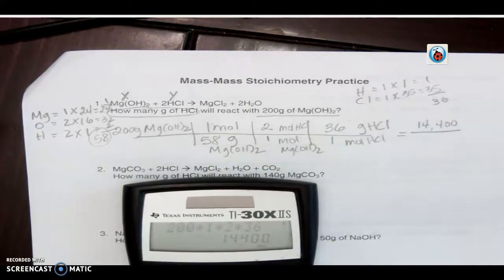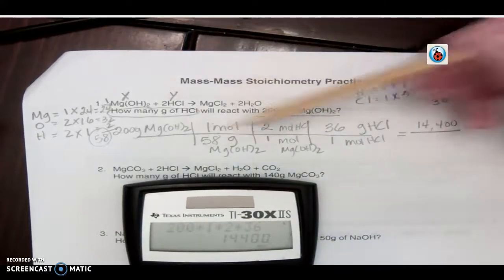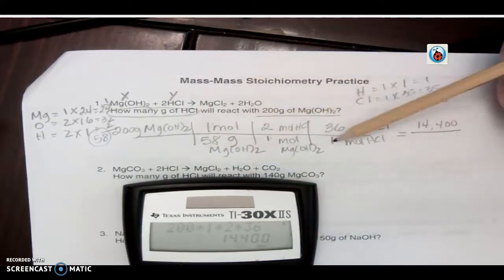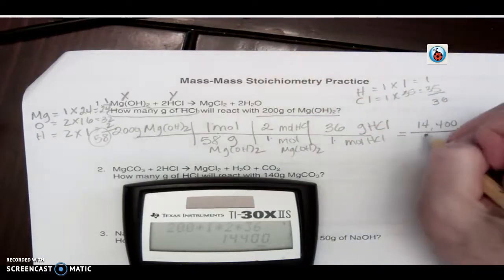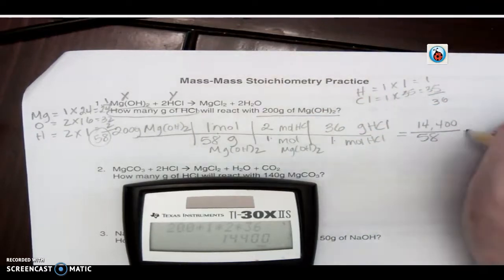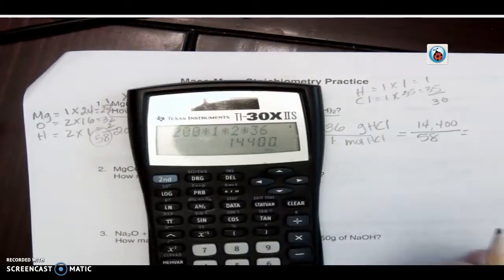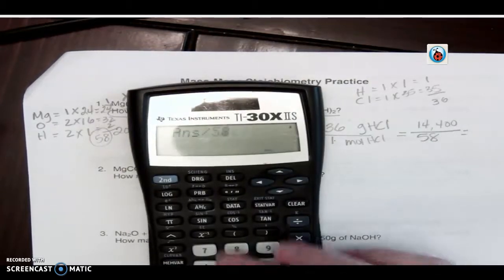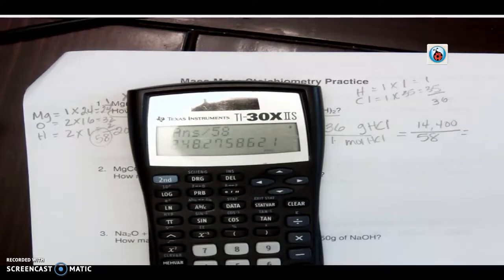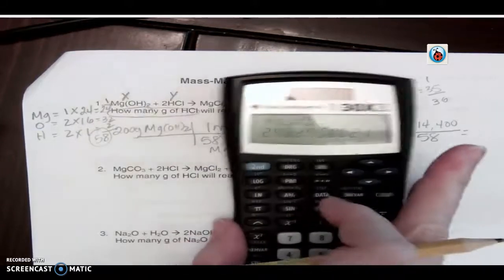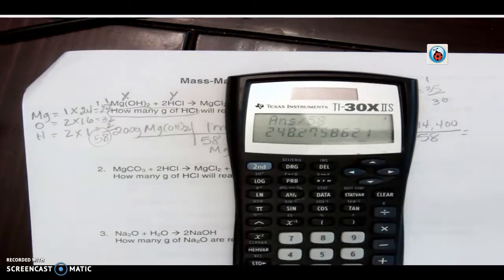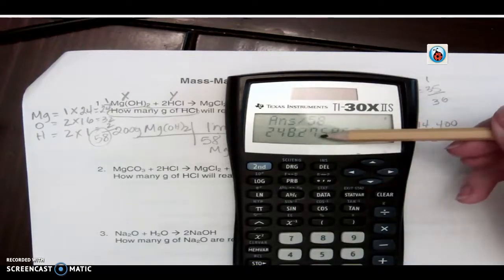We're going to multiply across the bottom. 58 times 1 is 58. Now we need to divide those two numbers. So we've got 14,400 divided by 58, and we get this long number. We see that there, 248, and we're going to round this off to 2 places after our decimal, 0.28.